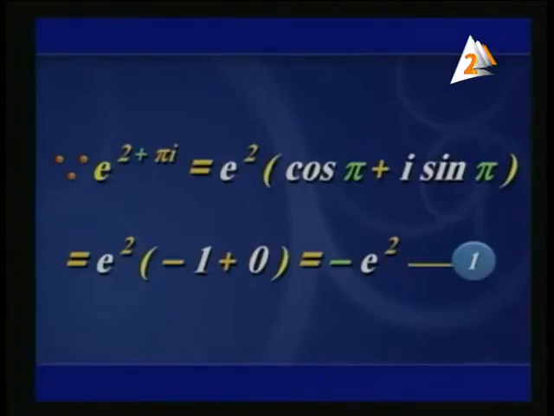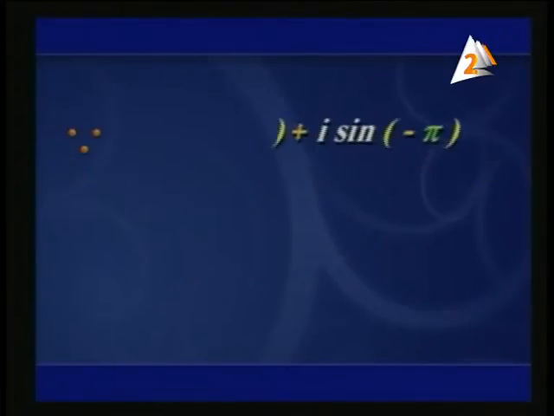Since e to the power (2 plus pi i) equals e squared times e to the power pi i, and e to the power pi i equals cosine pi plus i sine pi, this is the trigonometric form instead of the exponential form, equals e squared times (negative 1 plus 0) equals negative e squared, and this is equation number 1.